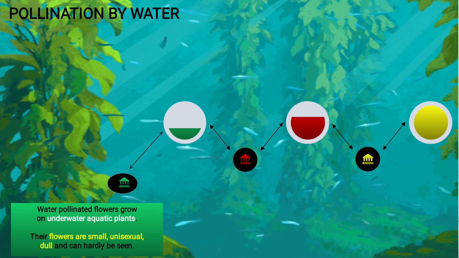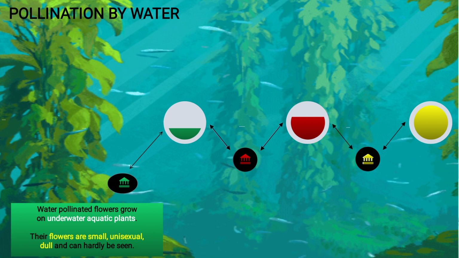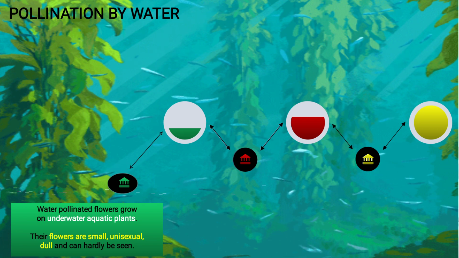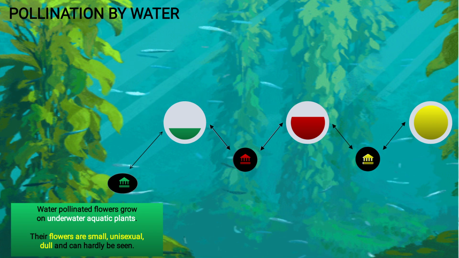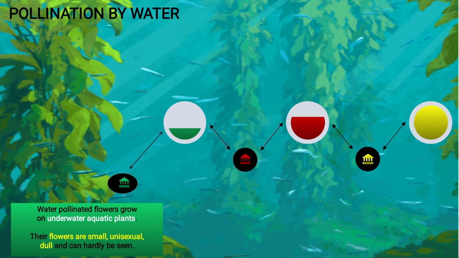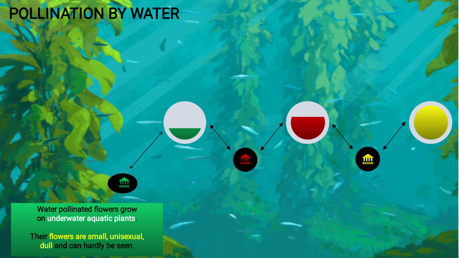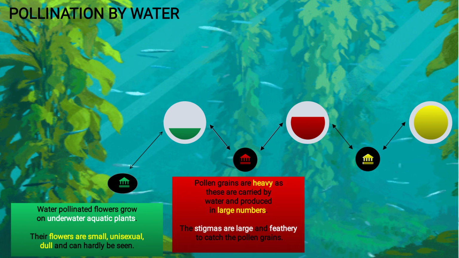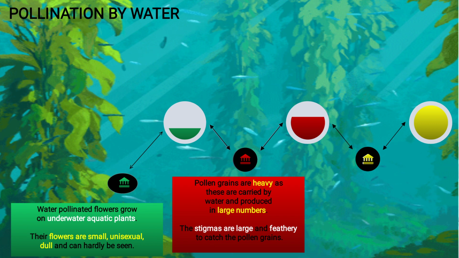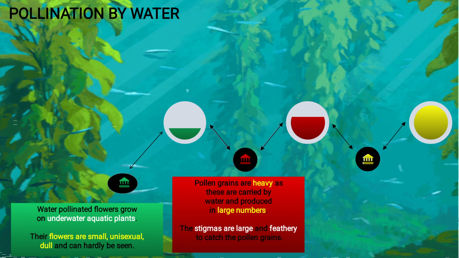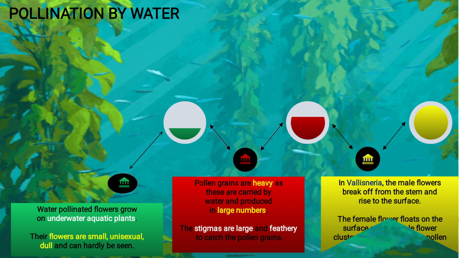Okay, they are unisexual, any one part will be present. Either the plant will contain the male flower or the female flower. That is unisexual, and dull, and can hardly be seen. Pollen grains are heavy as these are carried by water, and are produced in large number. The stigmas are large and feathery to catch the pollen grains.